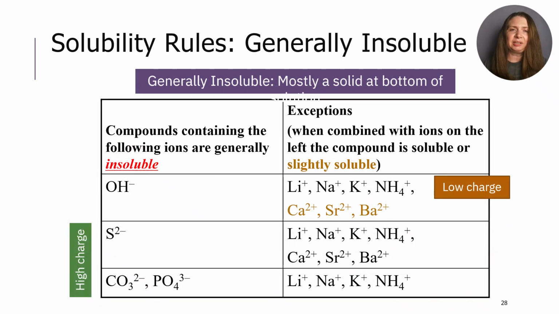The second table lists ions that are generally insoluble, along with their exceptions. For example, carbonates are generally insoluble, but sodium carbonate is soluble because sodium is an exception. Notice a trend.